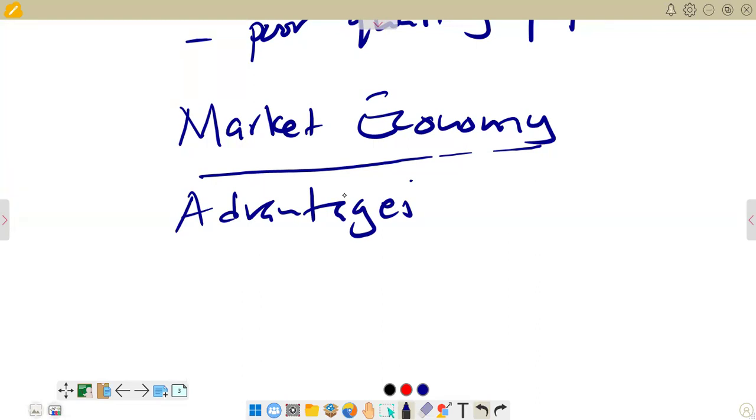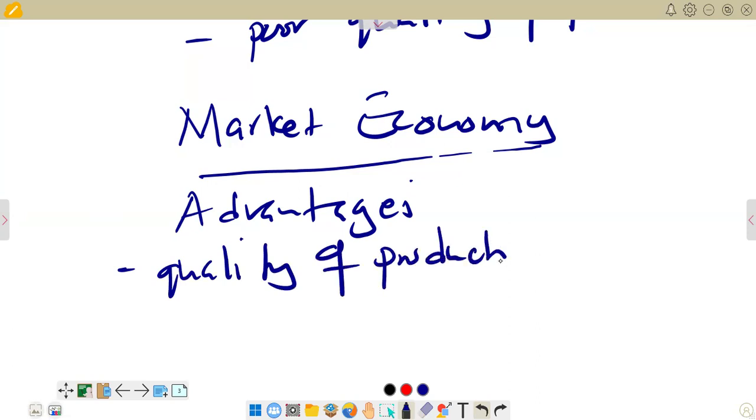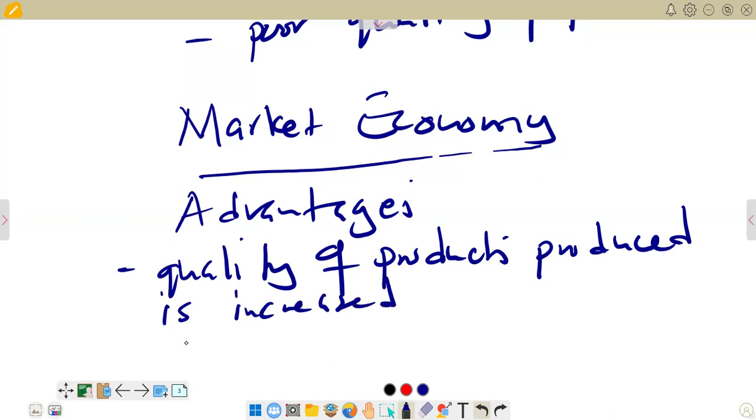In that sense, the quality of products that are going to be produced is going to be enhanced, since we are having more firms that are producing. So the quality of products produced is increased. This is one of the advantages that we can deduce from a market economy.